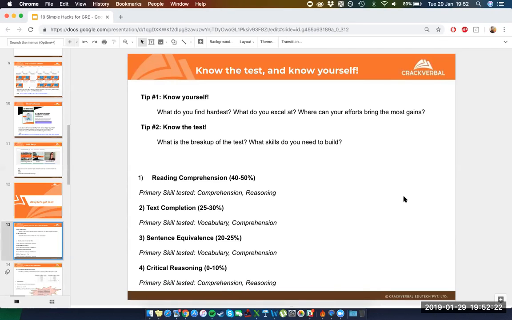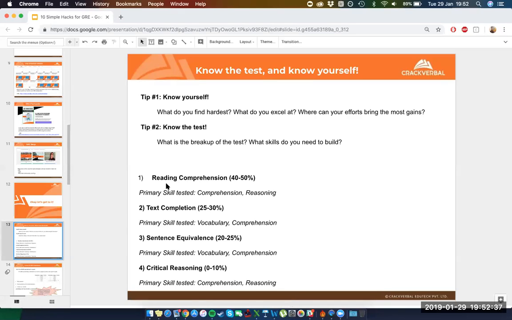Another example of this is I have below with me a series of bits of information about what the breakup of any given verbal section is. In any given verbal section, you tend to have about 20 questions. But what is the breakup of those 20 questions?